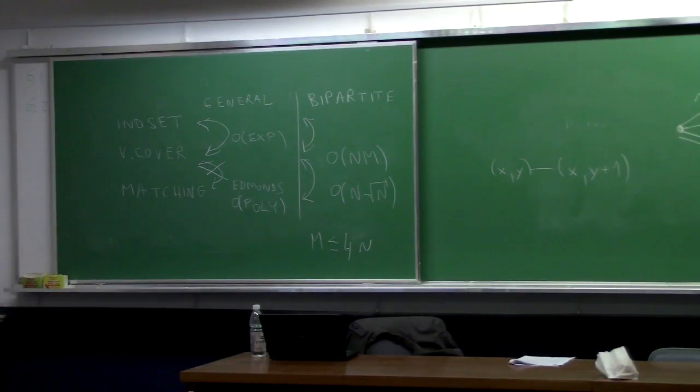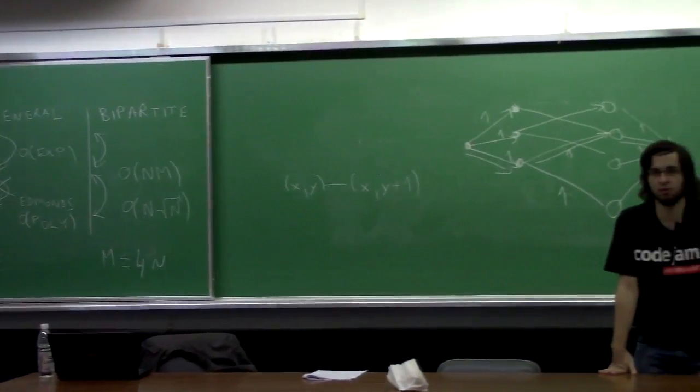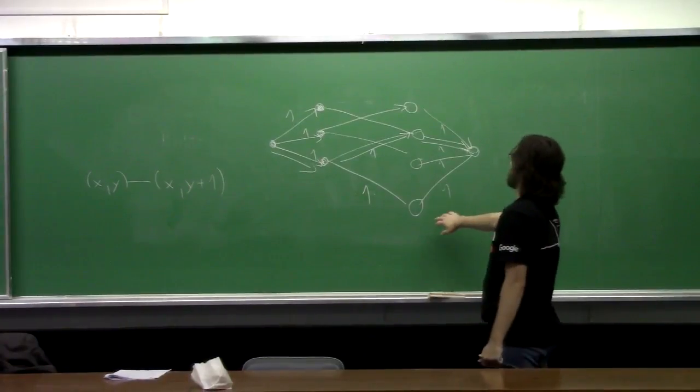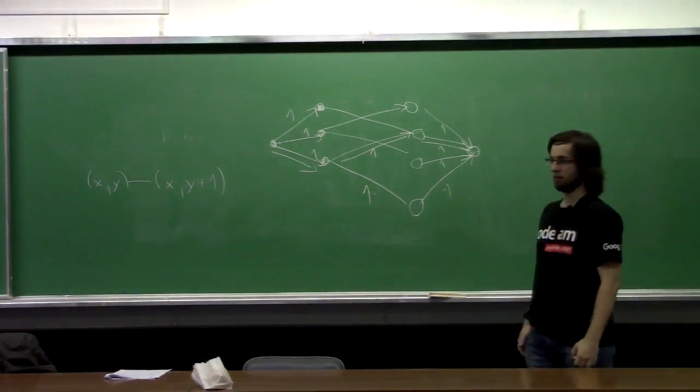This unit of flow goes through one edge, and it's clear that since the edges are directed, each black vertex has capacity of incoming edges equal to 1, and each white vertex has capacity of outgoing edges equal to 1 also.